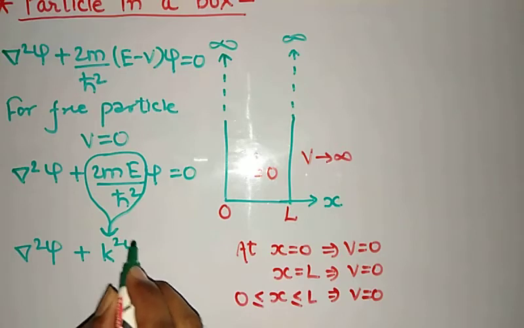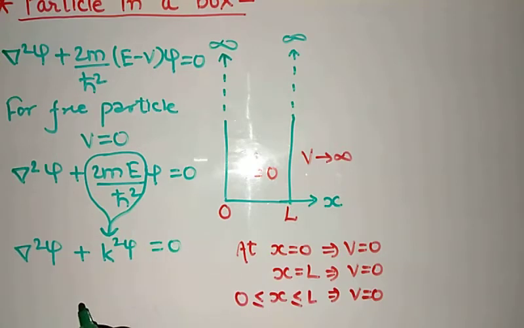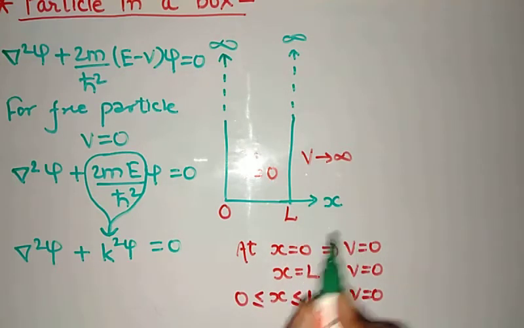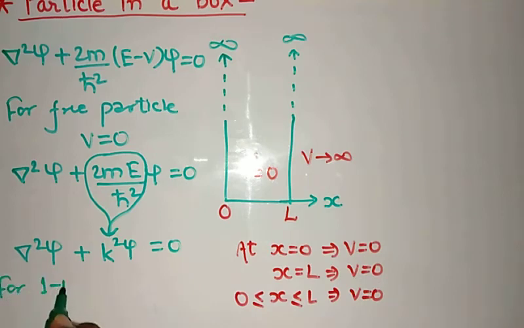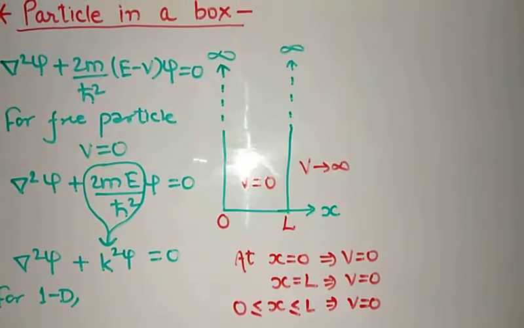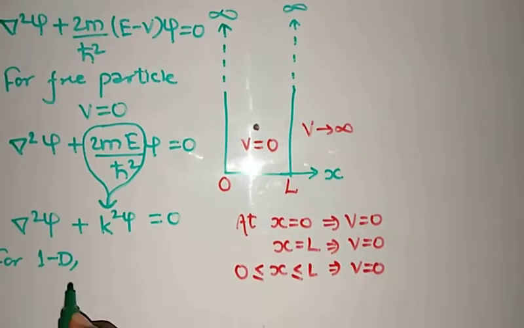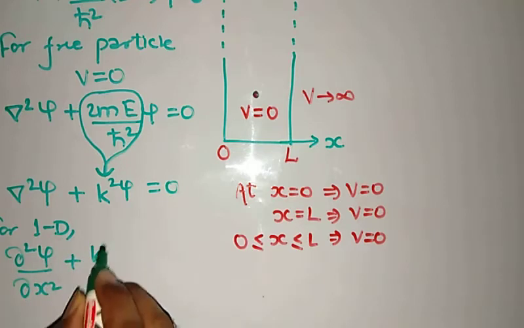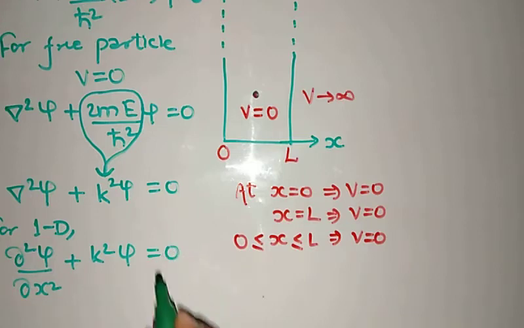Since we are treating only the x direction, that is one dimension, this equation reduces to del square psi upon del x square plus k square psi is equal to 0.